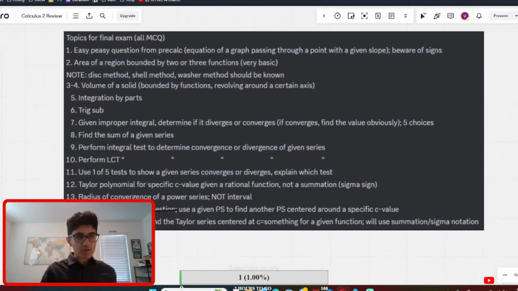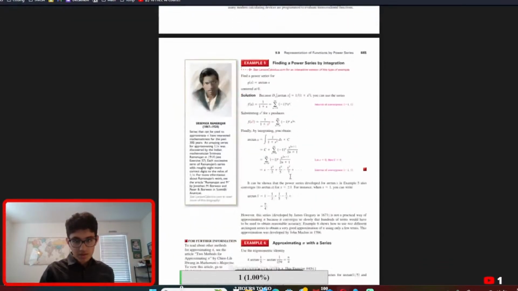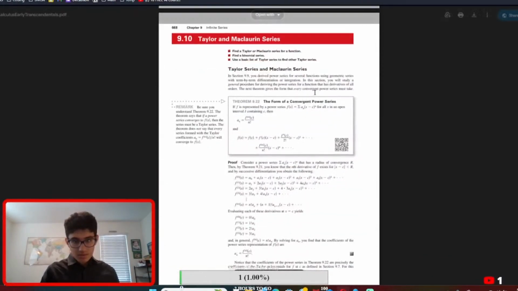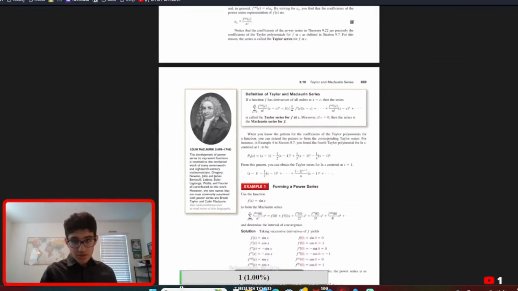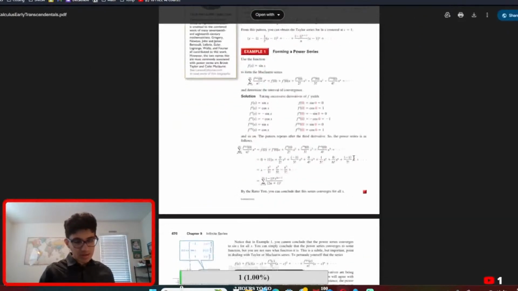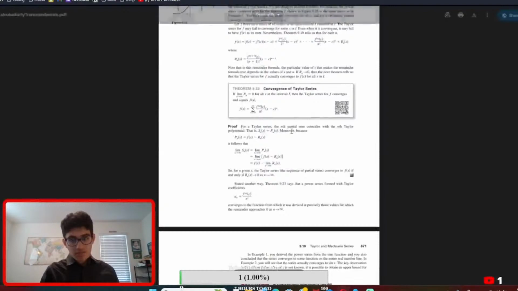Now, obviously, sigma notation is something I'm pretty used to. Form of a convergent power series. So there's something here. Definition of Taylor and Maclaurin series. It's equal to this. I think the point is that you should be able to find some shortcut or whatever.